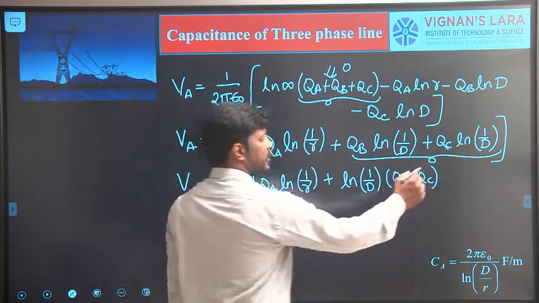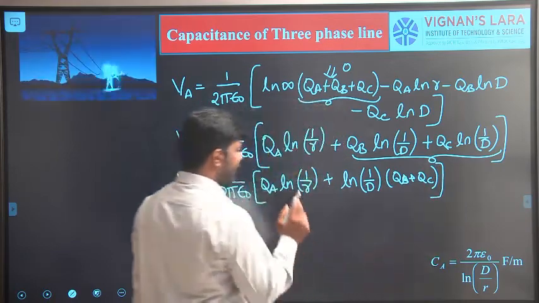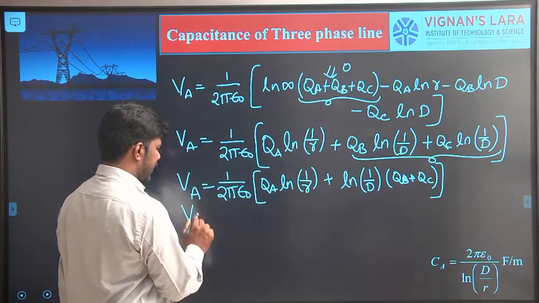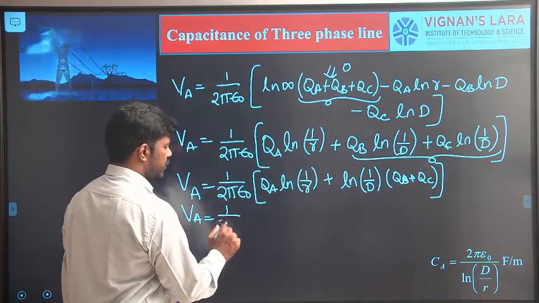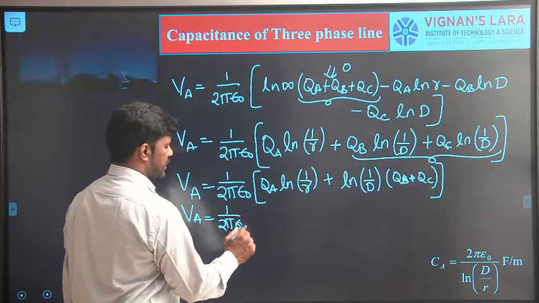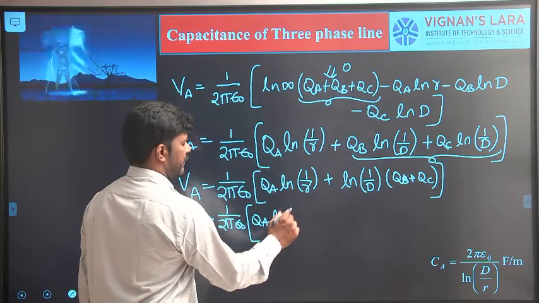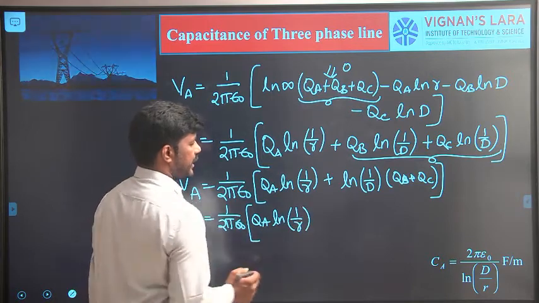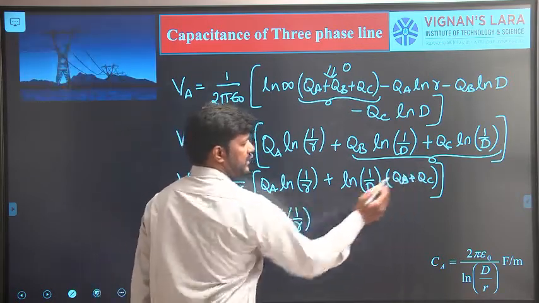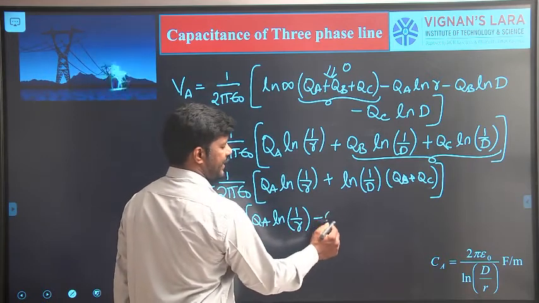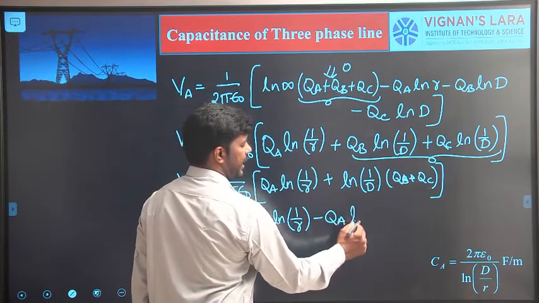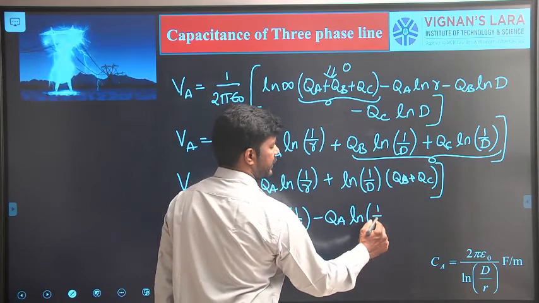So you can rewrite the potential of conductor A as 1 by 2 pi epsilon naught of QA ln of 1 by r, QB plus QC is minus QA, so I write minus QA ln of 1 by d.